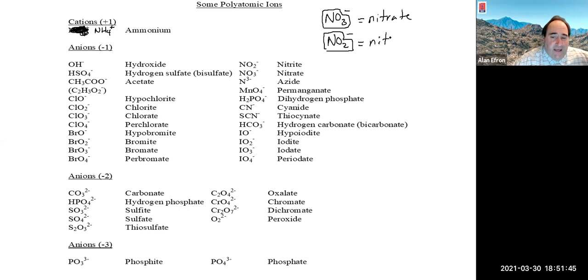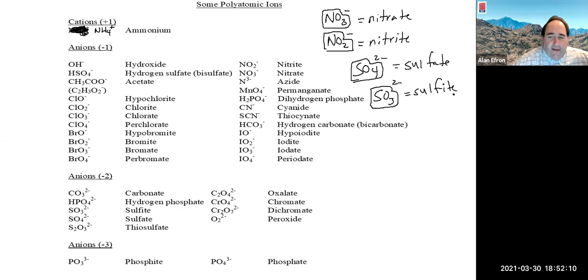This guy is the nitrite ion. If you look over, there's SO4 2-, 1 sulfur, 4 oxygens, with a -2 charge. SO3 2-, 1 sulfur, 3 oxygens, has a -2 charge. And that is going to be sulfate, and this would be sulfite.